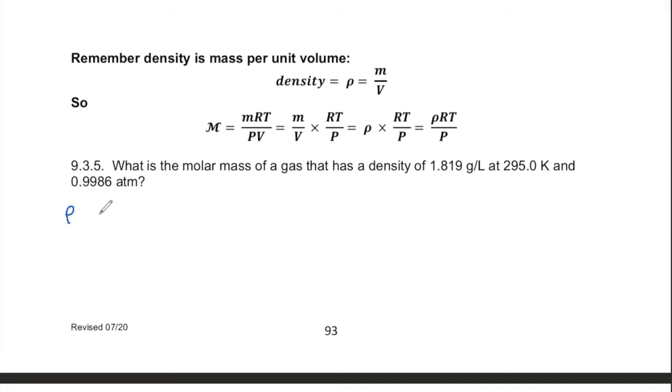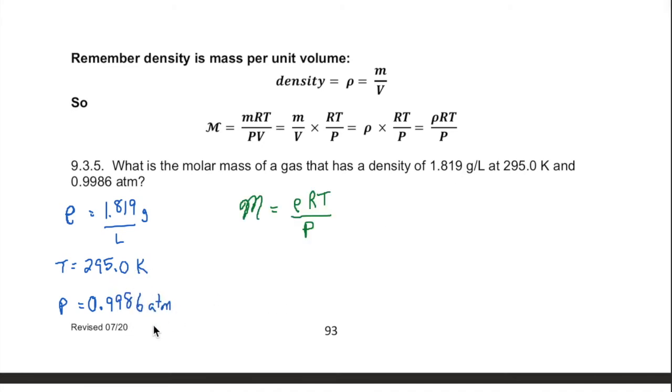So let's illustrate this with an example. The density of the gas is 1.819 grams per liter. Our temperature is 295.0 Kelvin, and our pressure is 0.9986 atmospheres.